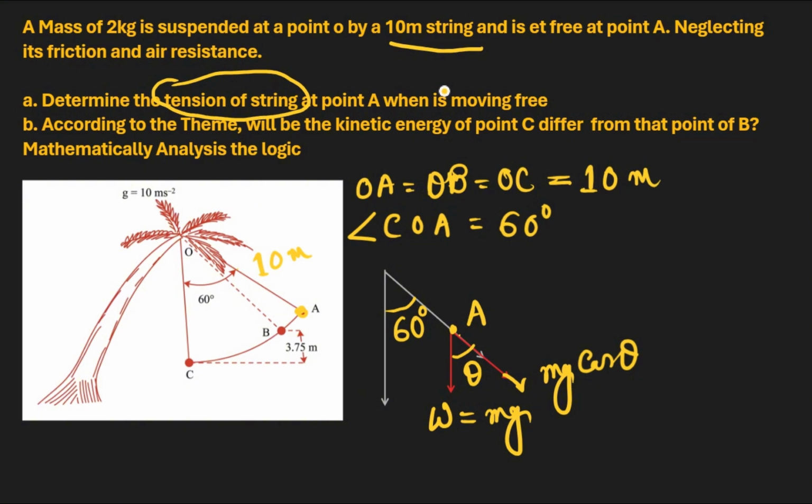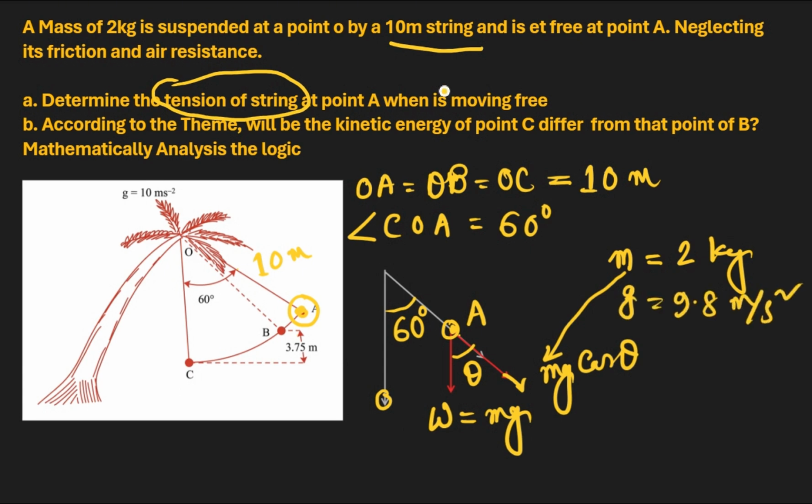The mass of the bob is 2 kilo, and g is the acceleration due to gravity, which is 9.8 meter per second square.